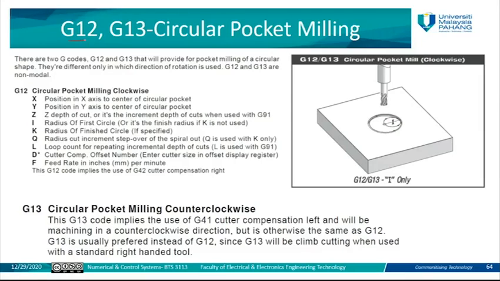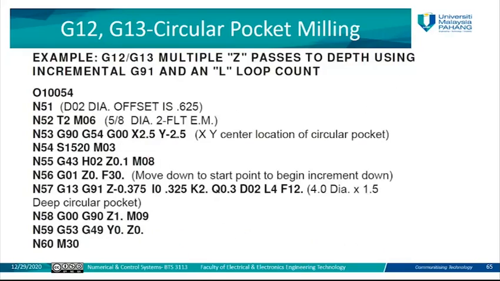We have two: G12 for clockwise and G13 for counterclockwise. For this also, to create a pocket with a circle, we need to define all these coordinates, and you can see what each coordinate means here from the definition for these coordinates. And here is one example for the circular pocket milling.